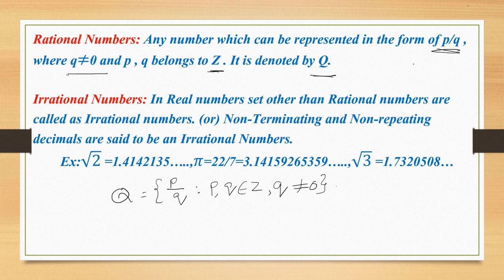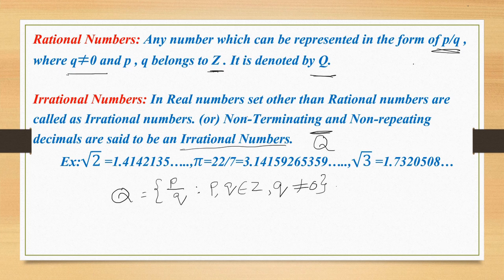In the real number set, numbers other than the rational numbers are called irrational numbers. And the most important definition: non-terminating and non-repeating decimals are said to be irrational numbers. Irrational numbers are indicated with the letter Q bar.